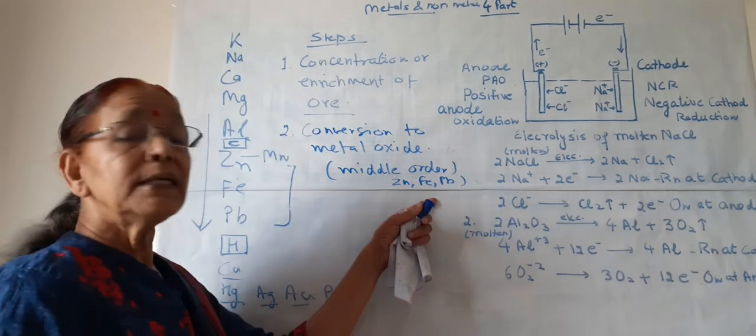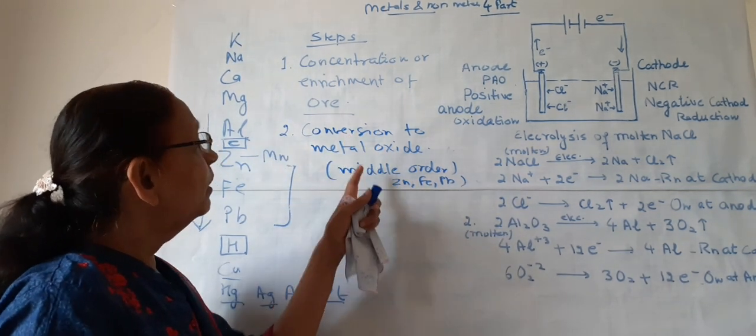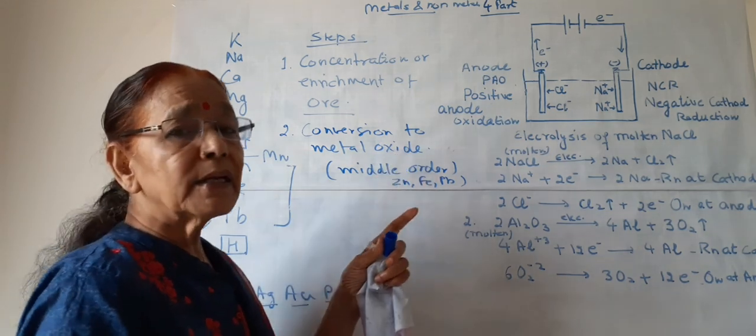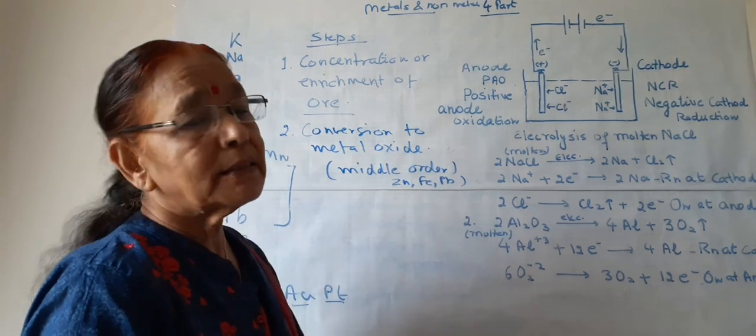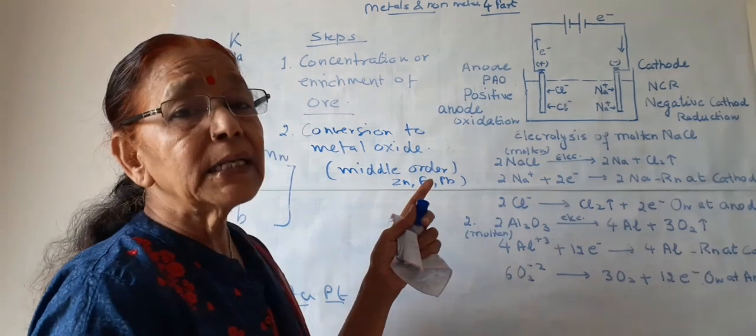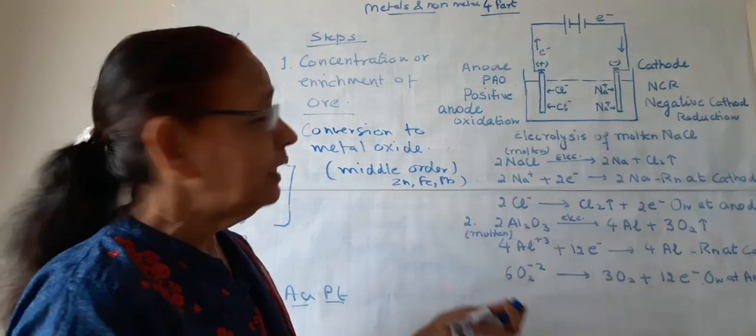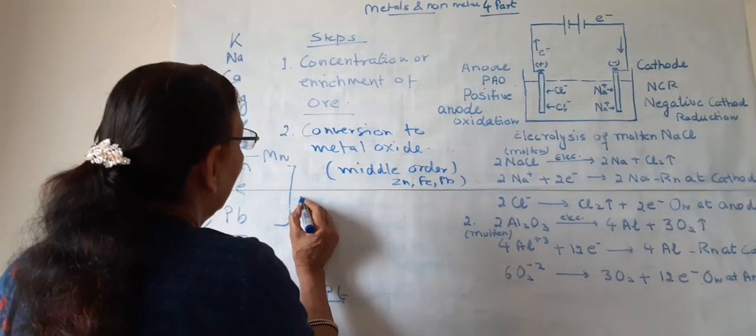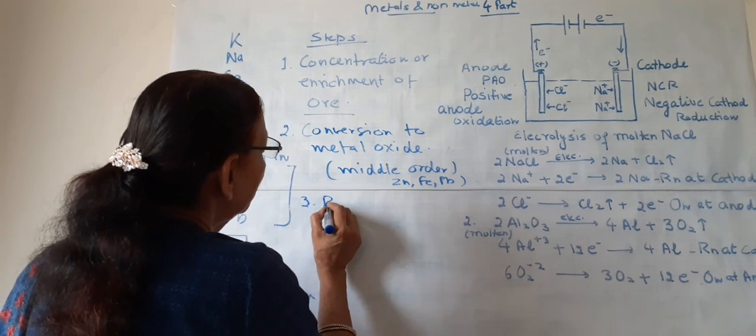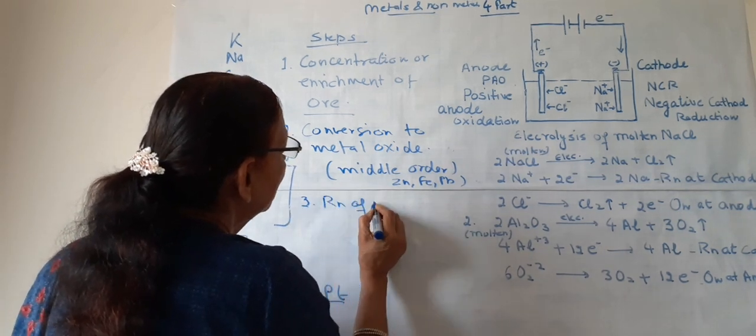So for these metals, first of all, conversion to metal oxide is done from carbonate and sulfide, and particular techniques are applied which we will discuss later. And the third point is now reduction of metal.